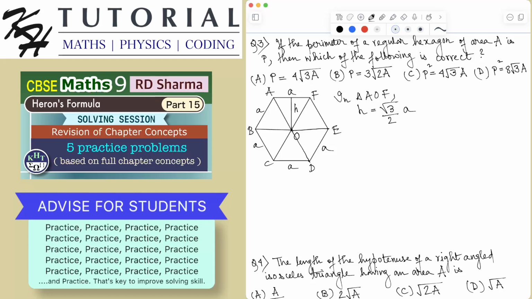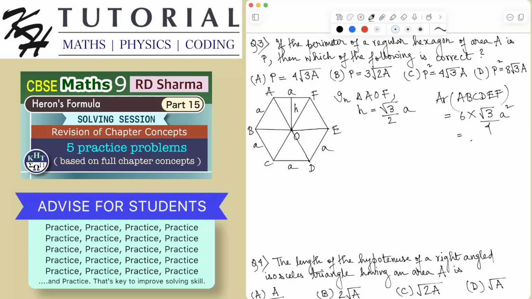And the area of the regular hexagon ABCDEF will be equal to 6 times, since the entire regular hexagon is divided into 6 congruent equilateral triangles, the area of one such equilateral triangle. 6 multiplied by the area of one equilateral triangle, which is square root of 3 by 4 a square.